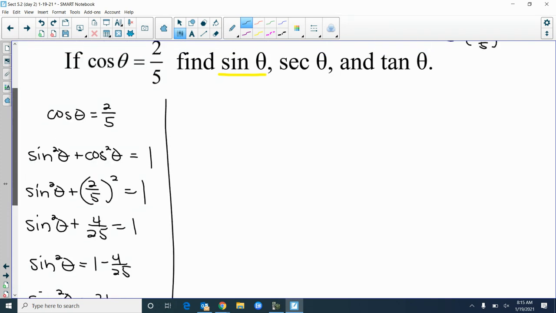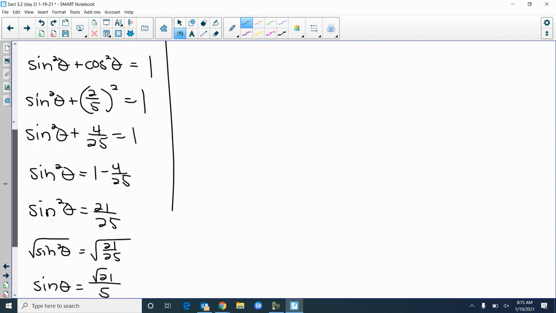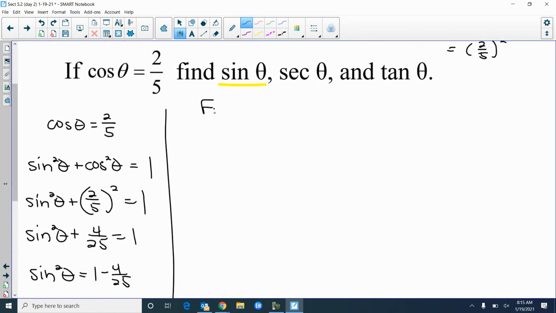Second one, find secant of theta. I can either use cosine or sine, it doesn't matter because I know them both. What does secant of theta equal?